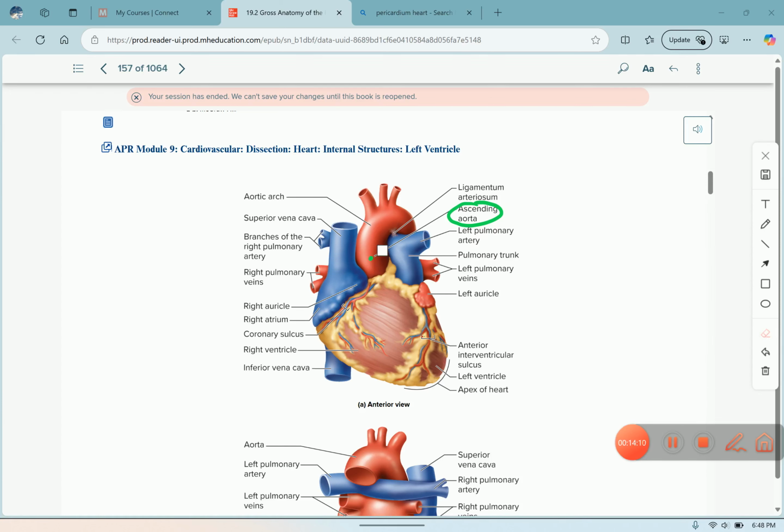And then you have the aortic arch with 3 branches off of the aortic arch. And then you have the descending part of the aorta. Now, that descending part of the aorta actually goes all the way down and eventually becomes the abdominal aorta.